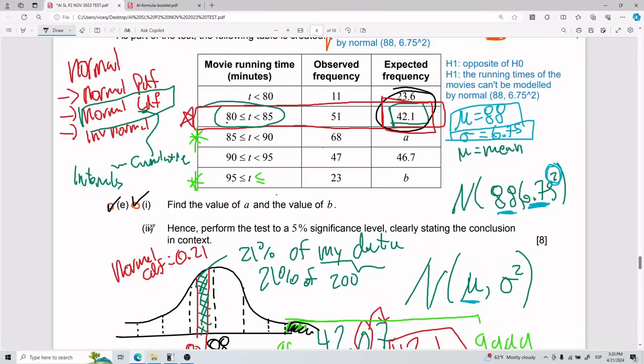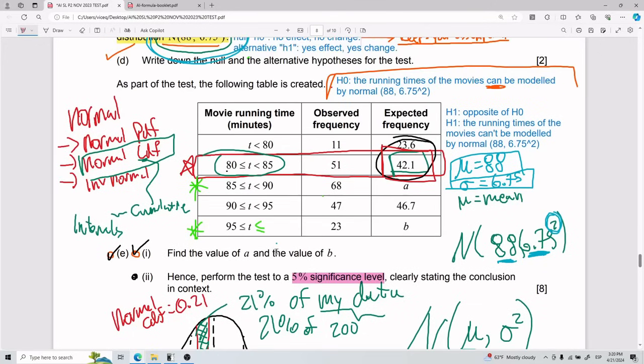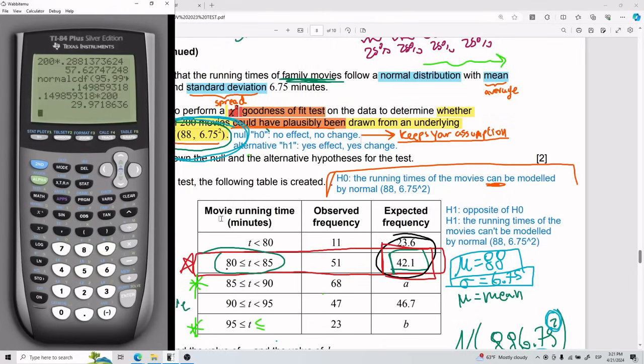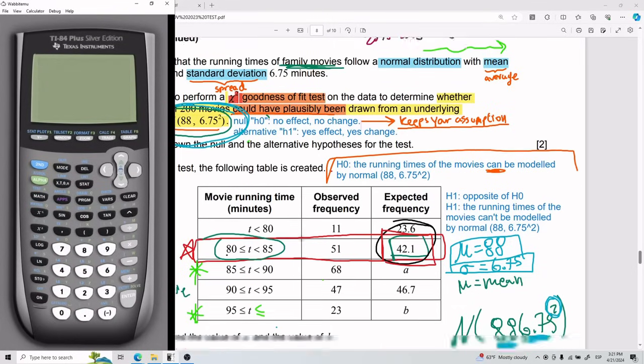Now for part E, double I, we need to perform the test at a 5% significance level and clearly state the conclusion in context. Now, which test are we doing? There was a buzzword way earlier that I didn't talk about much, which said chi-squared goodness of fit. Right now, I need to open up my calculator, find chi-squared goodness of fit, see what it asks for, plug in, and solve from there.